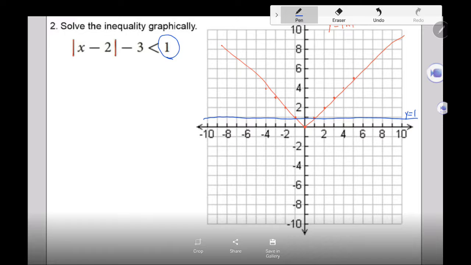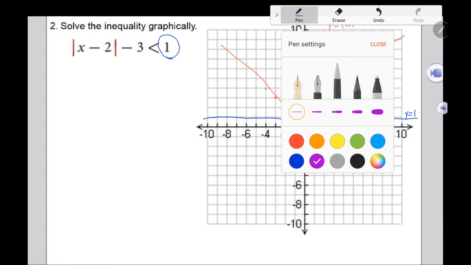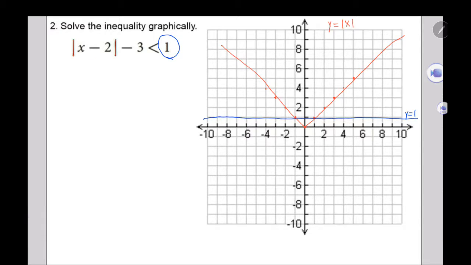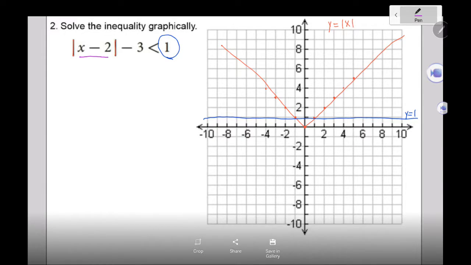And so I'm thinking here, let's choose a different color, and we're going to say this thing moves over 2 places. Is it to the left or to the right? Well, negative would make us think it's to the left, but honestly it's to the right.